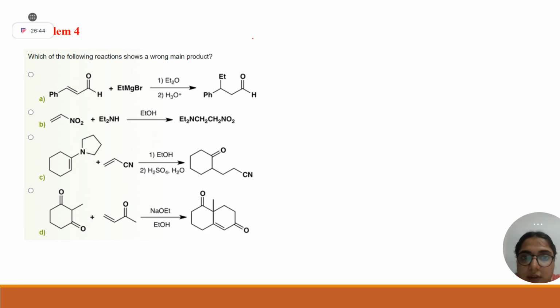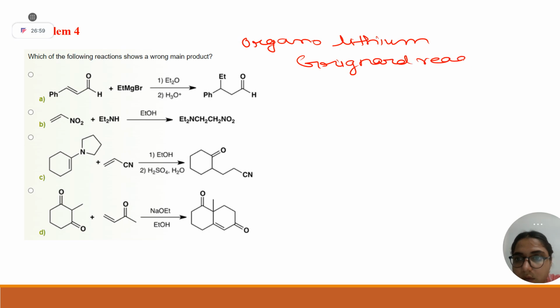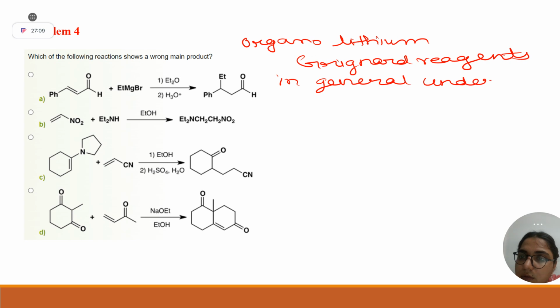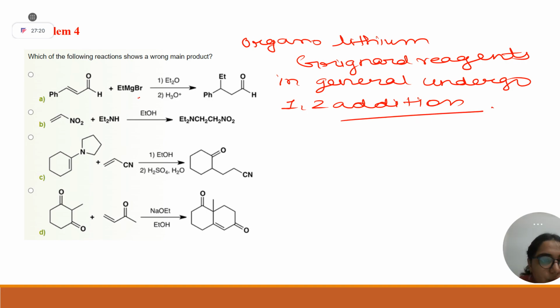You can write this in your copy: organolithiums, Grignard reagents, in general undergo 1,2 addition. In general, okay. So let's do one by one.